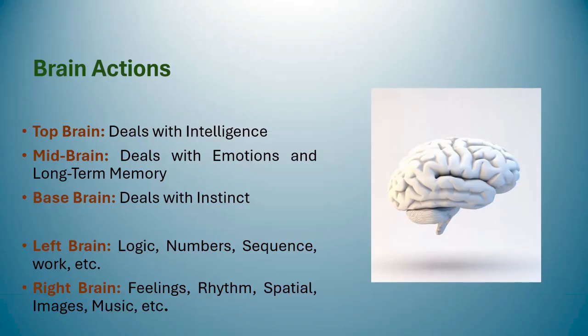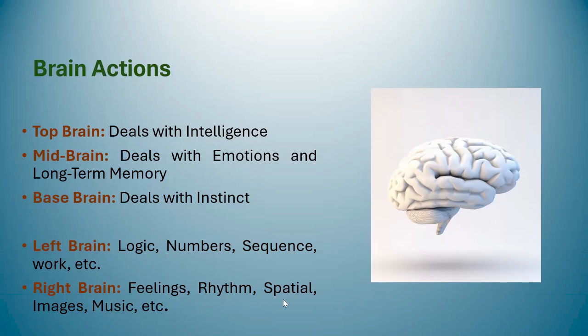You would like to know the role of left brain and right brain also, because they're very important. Left brain: here we find logic, numbers, sequence, and work, etc. This is taken care of by the left brain: logic, numbers, sequence, and then work, etc. Then right brain is responsible for feelings, rhythm, spatial.